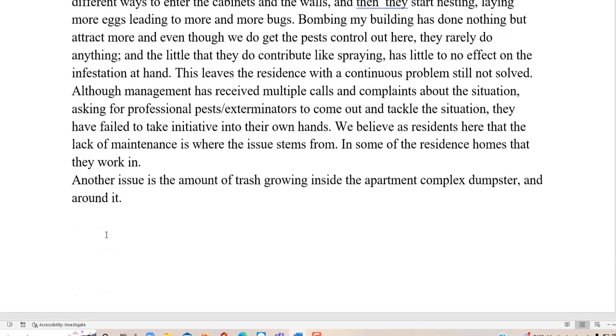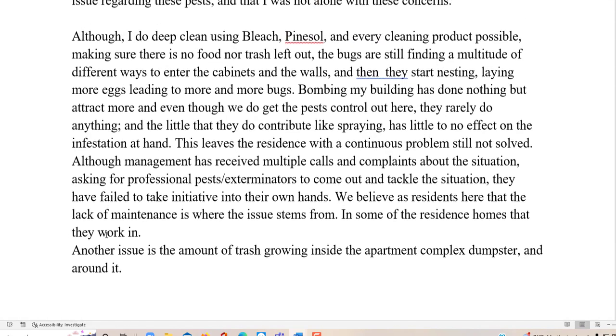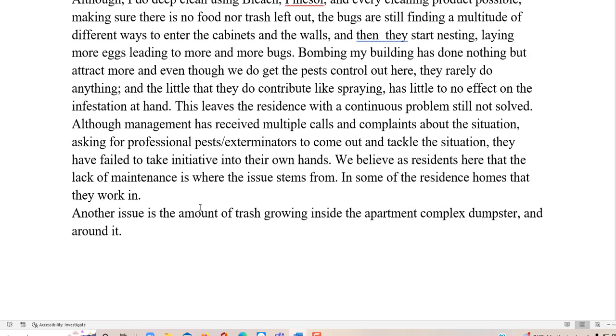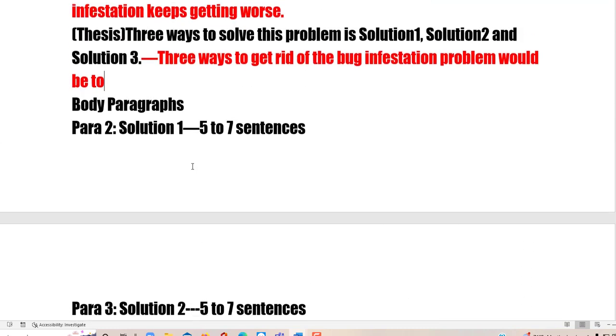So her 3 solutions are lack of maintenance. So that means that they need more maintenance.